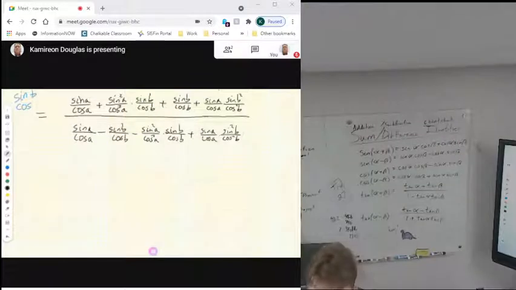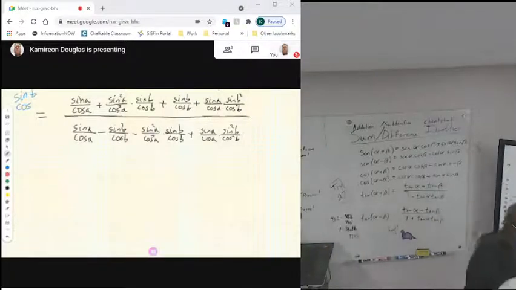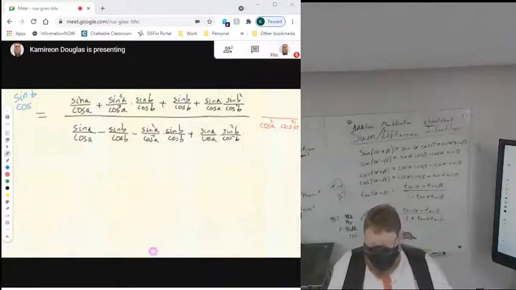Okay, deep breath. Whatever it is missing, we need to put into the problem itself. So for example, my long-term goal now is I want every denominator to be cosine A squared, cosine B squared. So whatever it's currently missing, I need to add into the problem by multiplication.